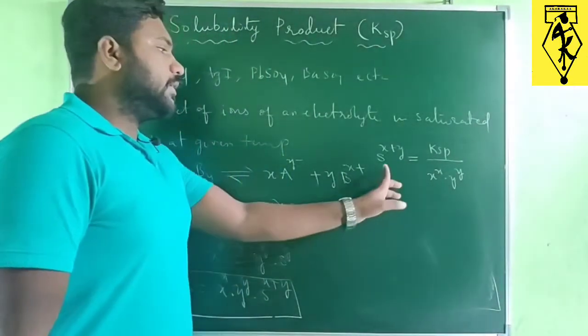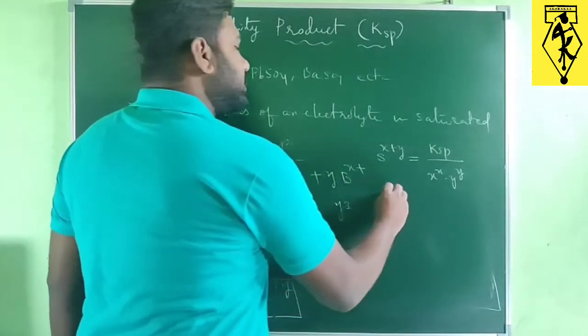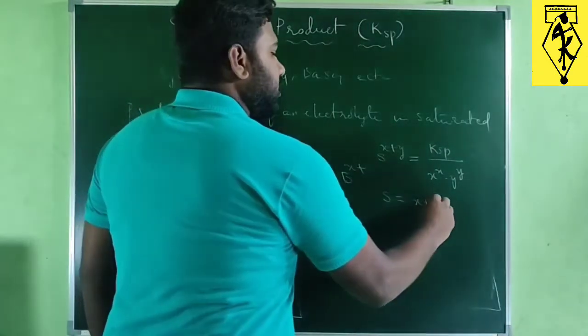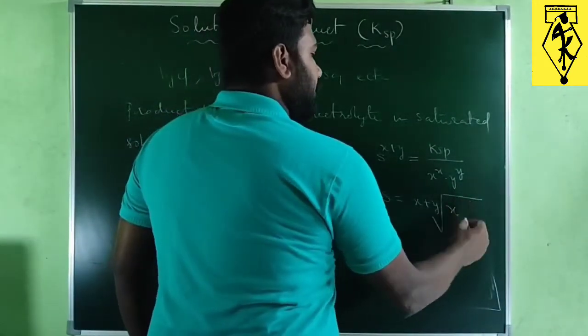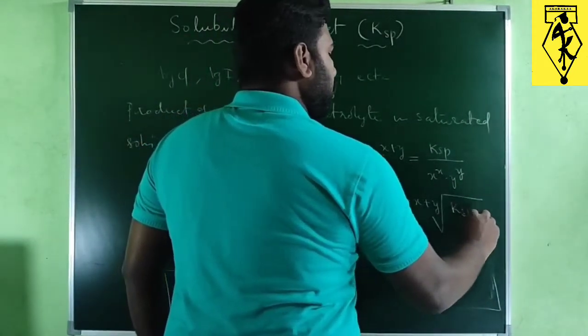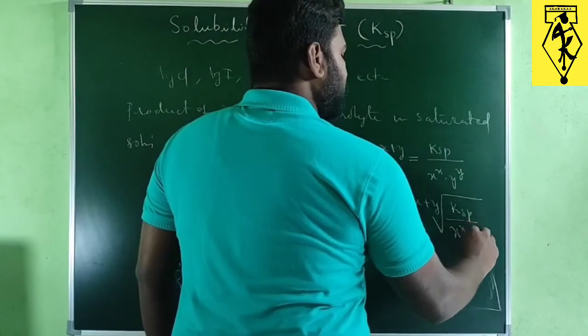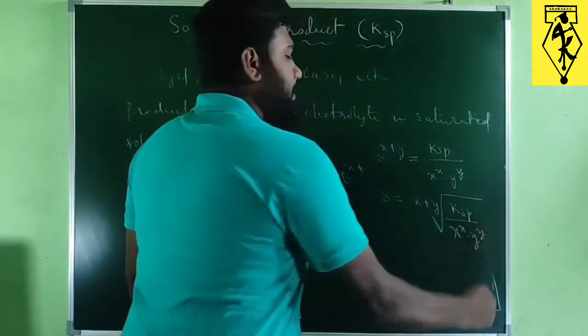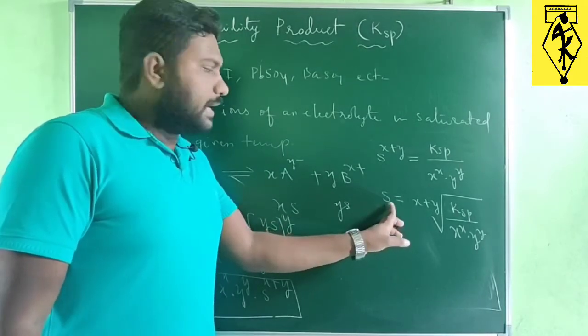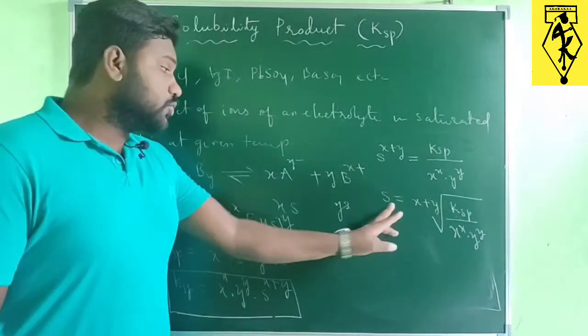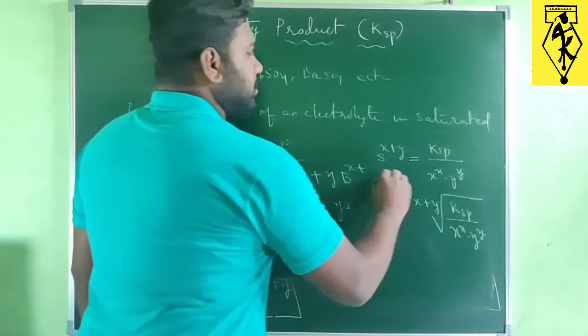Here we require the S value, so S equals the (x+y)th root of Ksp divided by x^x y^y. So this is the relationship between solubility and solubility product. These two are very important equations.